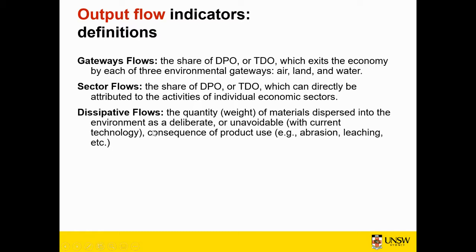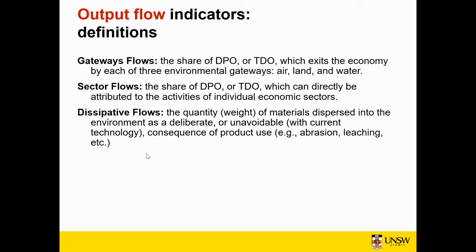So in terms of just finishing with the dissipative flows, imagine that with time, materials are leached from the house. You know, the paints degrade and are leached, and then you have to paint it again. And also some contaminants are dissolved in water, or there is abrasion by the wind, and dust is taken away.